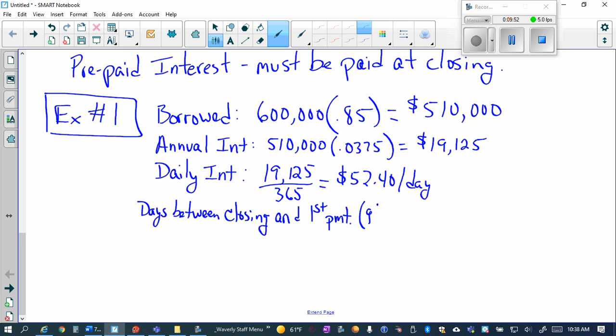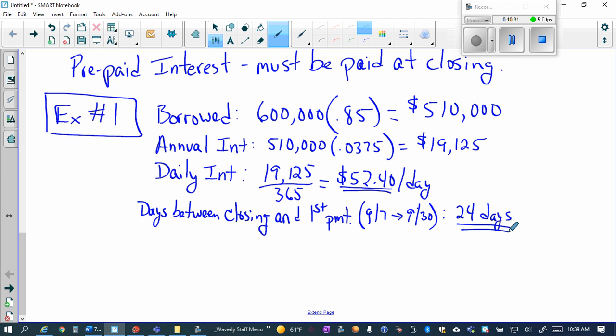And that's going to go from 9/7 to, well, if the first payment's October 1st, we're going to accrue this from 9/7 to 9/30, because the next day would be the 1st of October. All right? And you might need to look at a calendar there, but when you do, it works out to be 24 days.